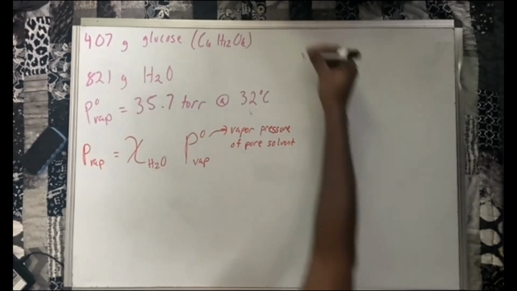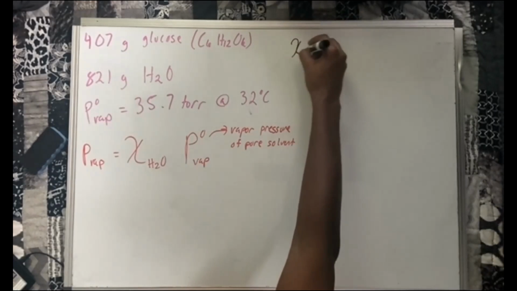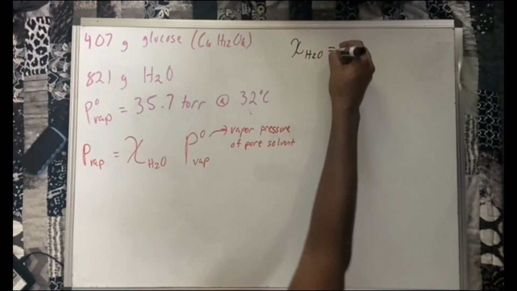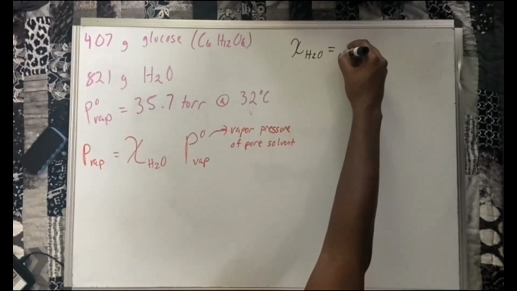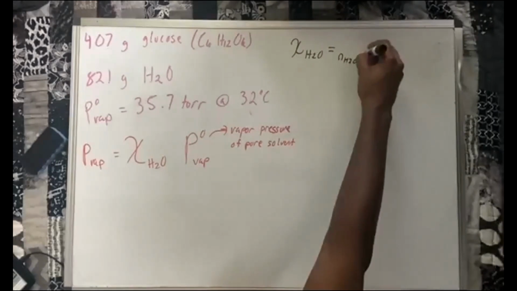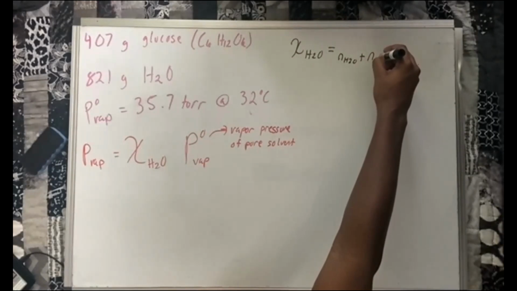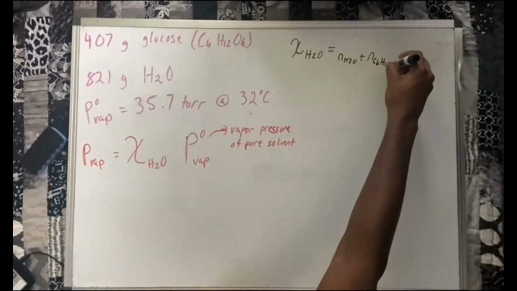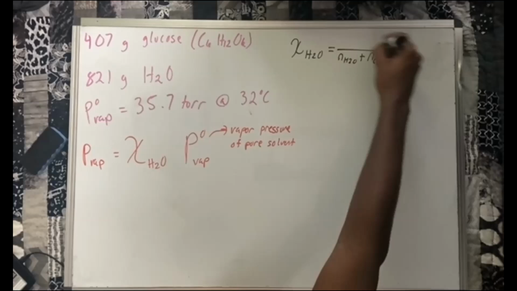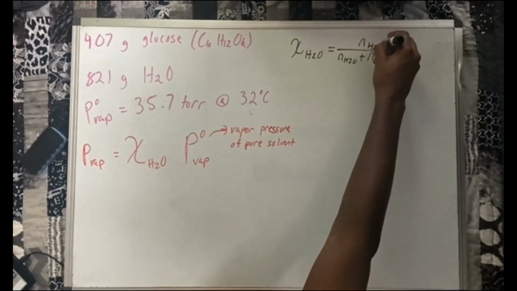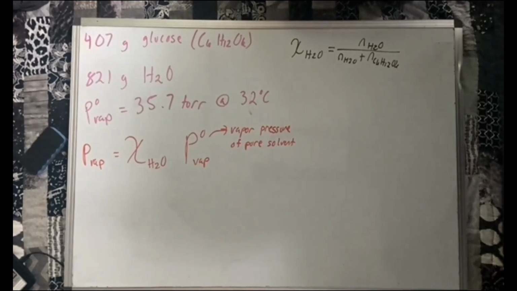So our mole fraction of H2O is going to equal the moles of H2O over the moles of H2O plus the moles of glucose. Okay, so let's figure that out.